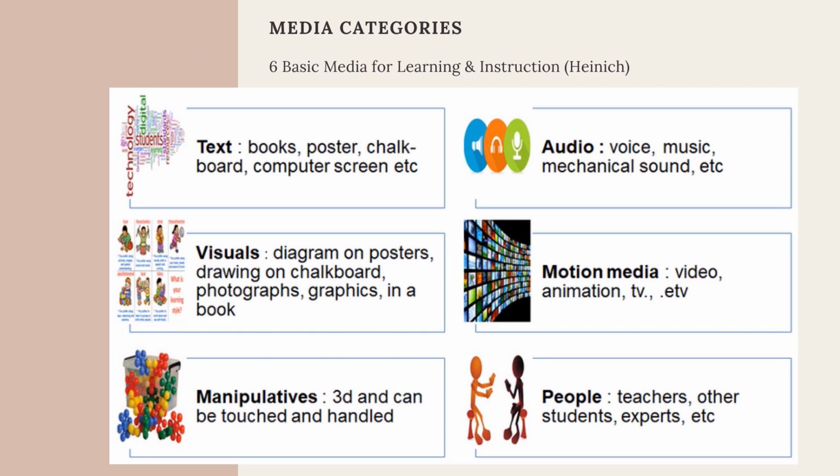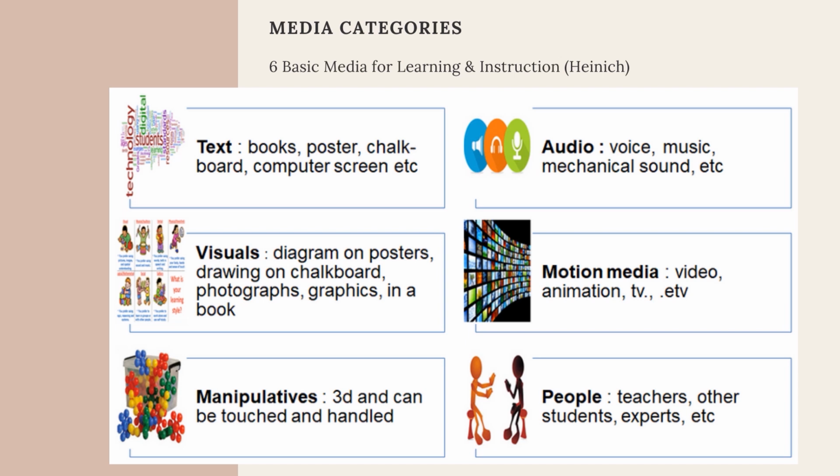Alright, so according to Heinich, there are actually 6 basic media for learning and instruction. 6 media categories, which are text, visuals, manipulatives, audio, motion media, and people. As we can see here, text simply means books, posters, computer screens, etc. Audio means any kind of voice or music that we use to teach our students.